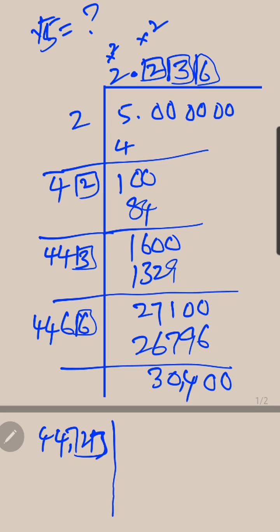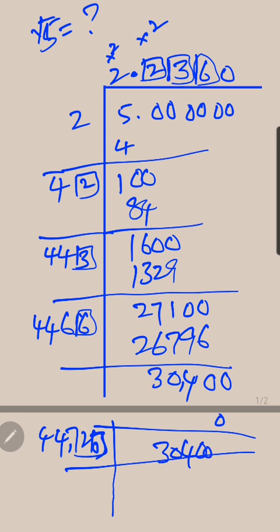If I take 1, it's 44,000. That's the reason I'll take 0. 0 means it becomes 0, so if I subtract it, I'll get 30400. More 2 zeros bring down, so it becomes now 30 lakhs. Now multiply with 2, you will get one number here, so that you can subtract it here.